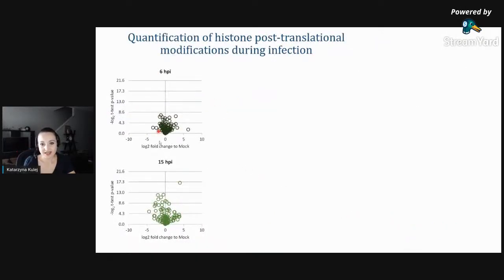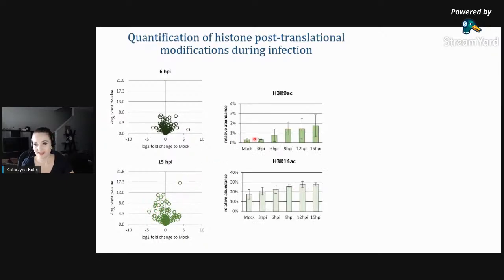You can see that over the time course, indeed, the histone PTMs are getting highly regulated, especially in the late stages of infection. This is the comparison of the infected cells versus mock. And what was very nice to see is that acetylation, especially K9 and K14, showed a very beautiful monotonic increase during infection.